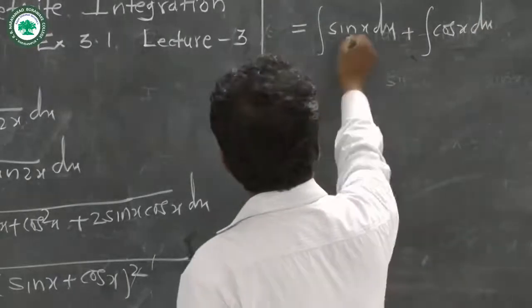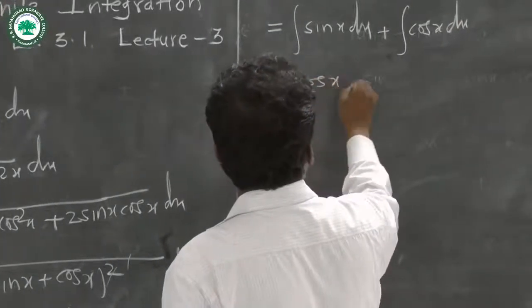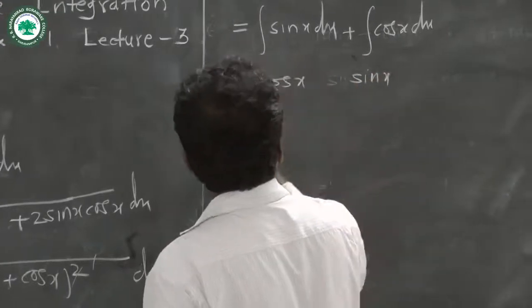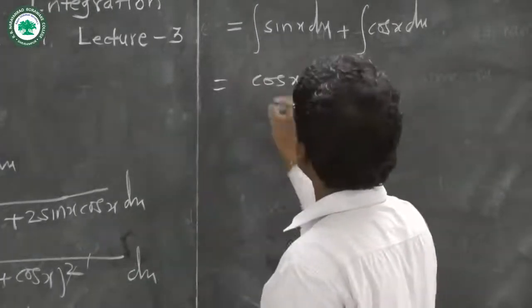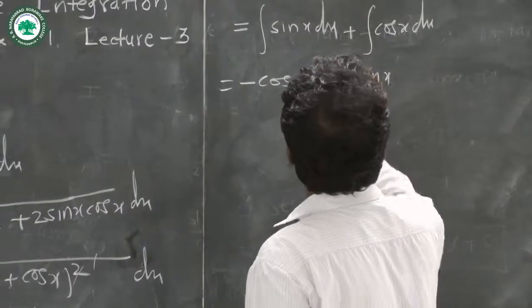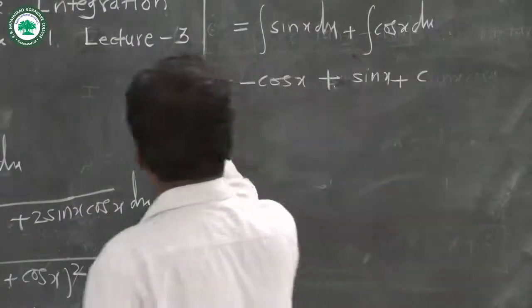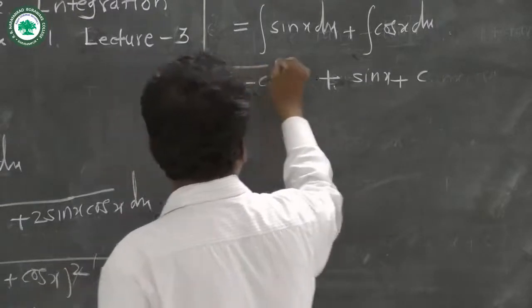We know that integration of sine is cos x, integration of cos x is sine x, but here answer starts with c, so minus sign. Here there is no c, so plus sign, plus constant of integration, and this is the final solution.